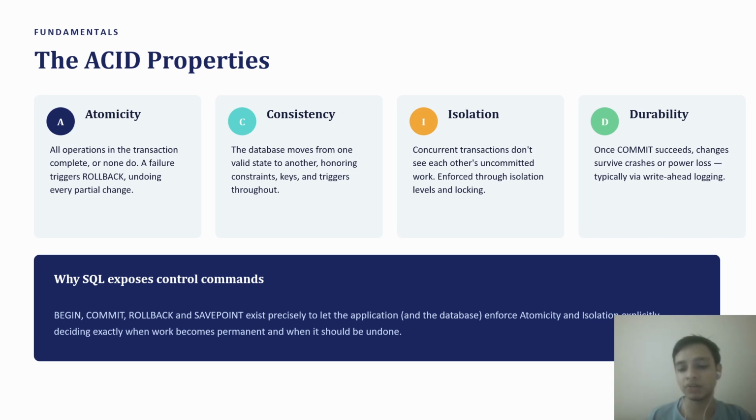So my account says 80 and his says 120. Now the sum of both account numbers before the transaction is 200, 100 each, and after the transaction it's also 200, 80 plus 120. So there is no data loss or inconsistency. That's called consistency, that you move from one valid state of data to another valid state of data.